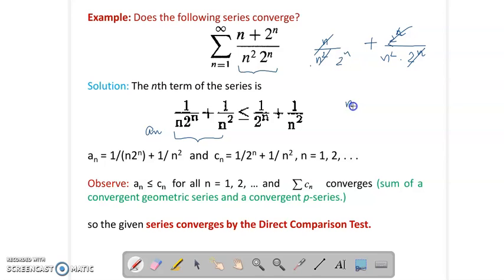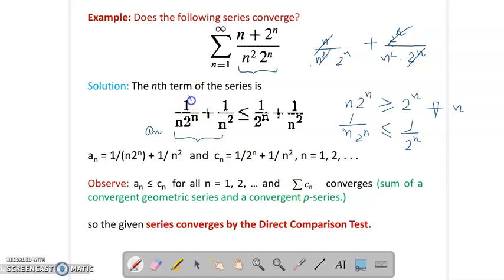Now we know that n into 2 to the power n is always greater than or equal to 2 to the power n for all values of n going from 1 to infinity. It means 1 upon n into 2 to the power n is less than or equal to 1 by 2 to the power n.